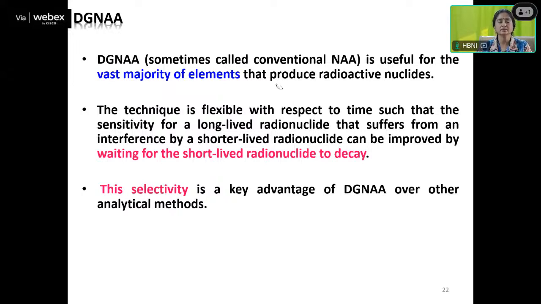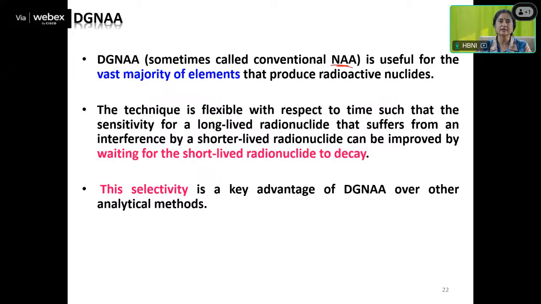So now, normal neutron activation analysis, or delayed gamma neutron activation analysis, sometimes called DGNAA, is useful for the vast majority of elements that produce radioactive nuclides. The technique is flexible with respect to time, such that the sensitivity for a long-lived radionuclide that suffers from interference by a short-lived radionuclide can be improved by waiting for the short-lived radionuclide to decay.